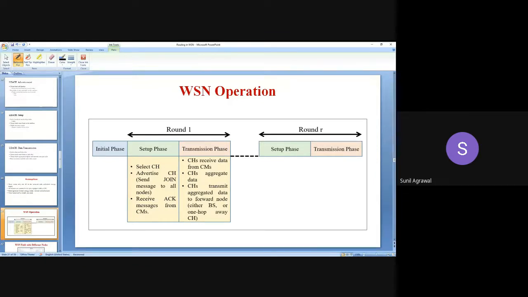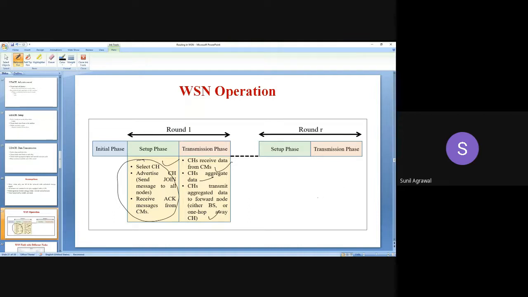This is the setup phase: select CH, CH selected through advertisement, receive acknowledgement, and a cluster is set up along with the cluster head. Then transmission is done, right? Receive data from different nodes of the cluster, then aggregate data, compress data, transmit data, right? So this is the first round. In the second round, again setup phase, then transmission phase, and so on.